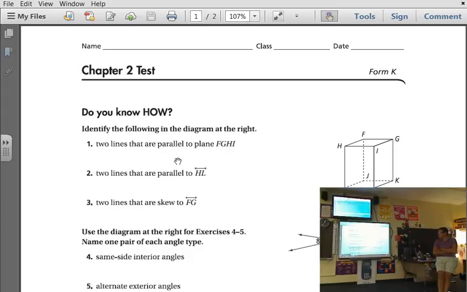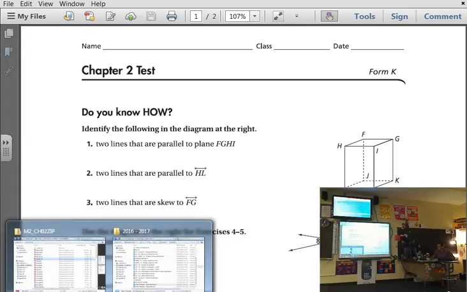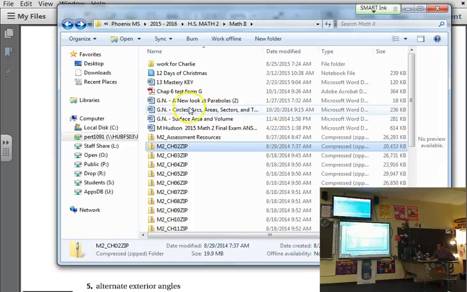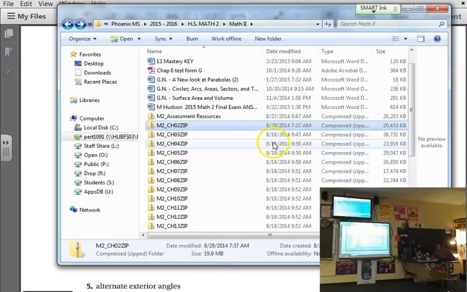So on the chapter 1 test, I know chapter 2 is on the board, but were there any big go-to-the-group questions on chapter 1? Was that the G or the K? The G. So any big questions from chapter 1? Yeah. What are converse, inverse, and contrapositive?